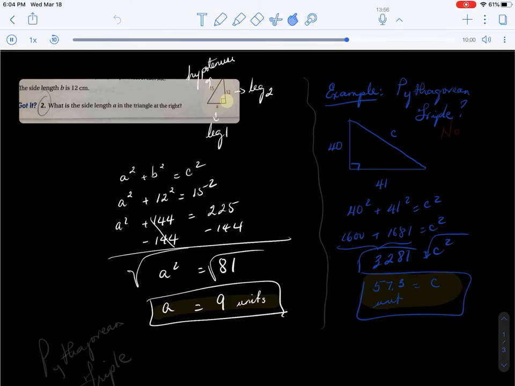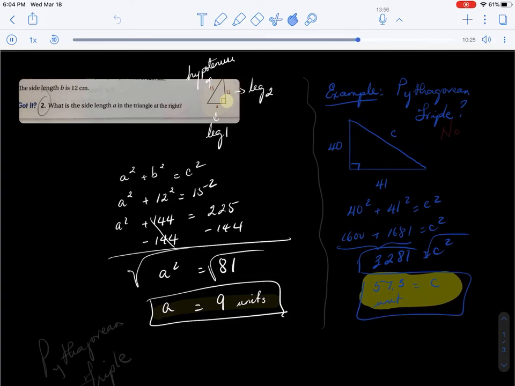Okay, I have the answer. C at this point is 57.3 units. It is the Pythagorean theorem, okay? It satisfies the theorem, but it is not a Pythagorean triple.